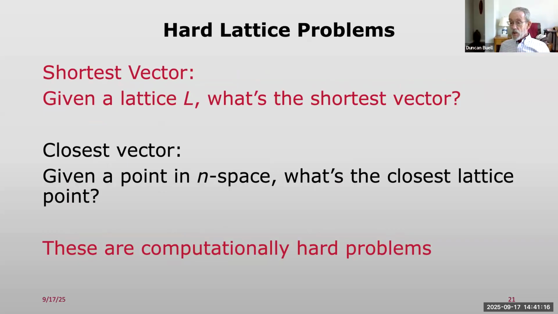What is the closest point in the lattice to the origin? That's a hard problem. And the closest vector problem is very similar. Given some point in n-dimensional space, what's the closest lattice point to that one? And these are computationally really, really hard.